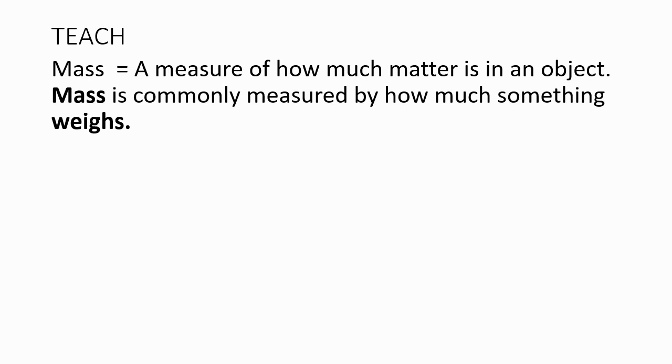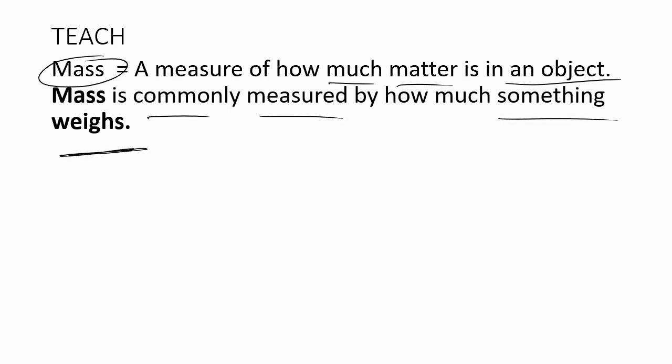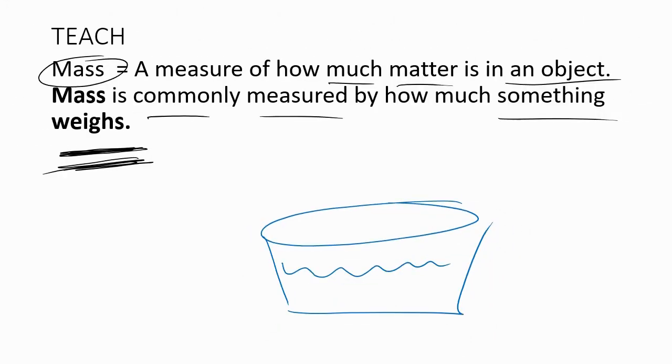Our last definition today is mass. Mass is a measure of how much matter is in an object, which is commonly measured by how much something weighs. That's what I want you to think about when you think about mass, how much something weighs. For example, here's the bucket of water from the other page.